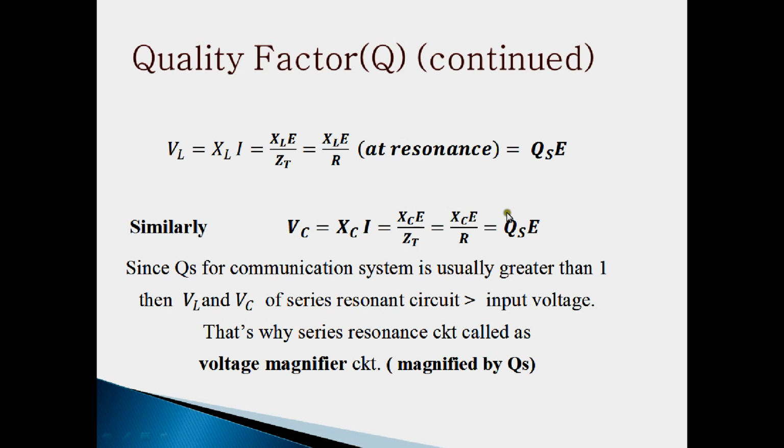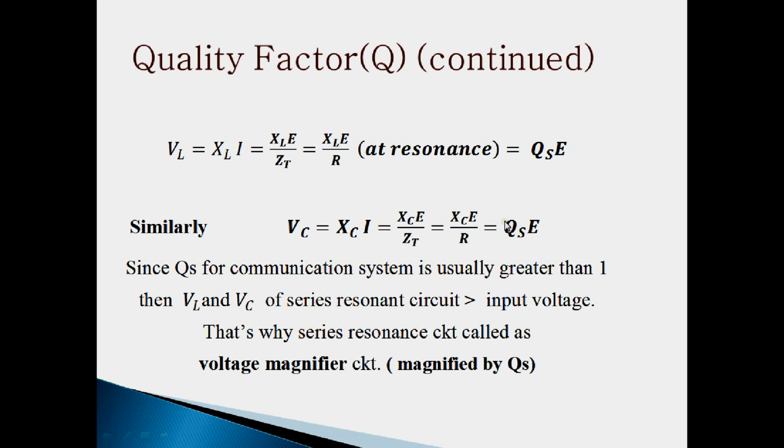Usually for communication systems, quality factor is greater than 1. Then in such conditions, voltage across inductor and voltage across capacitor of a series resonance circuit is always greater than the input applied voltage.